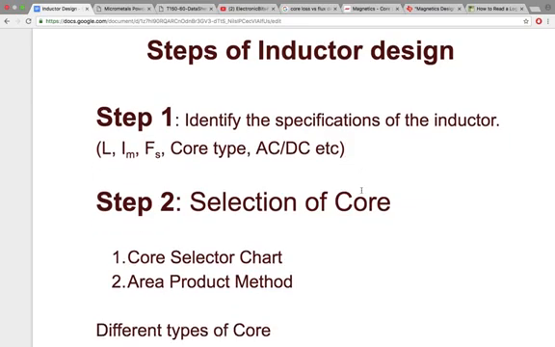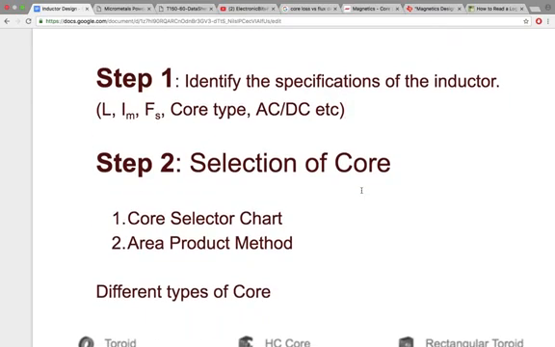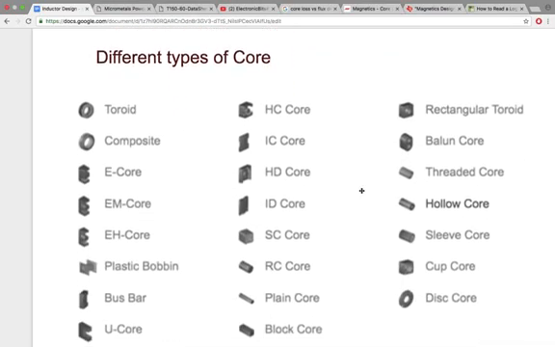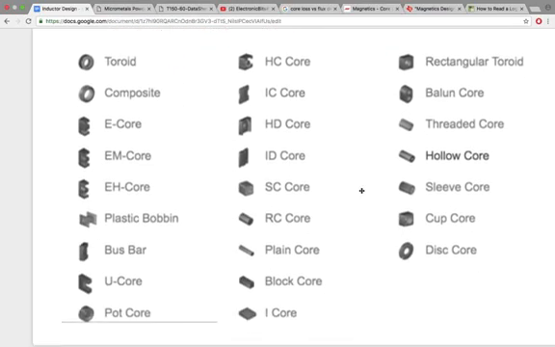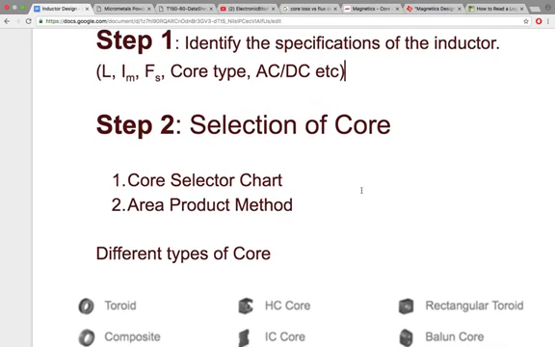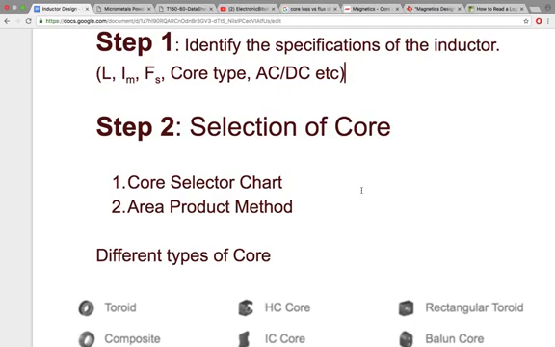Okay, so after that, the main important thing is the selection of the core. There are different types of core available. You can pause the video and see the cores here, and you can also search for them on Google. The image is not that clear. There are many types of core, and you can choose any core which you feel is good for your design purpose.